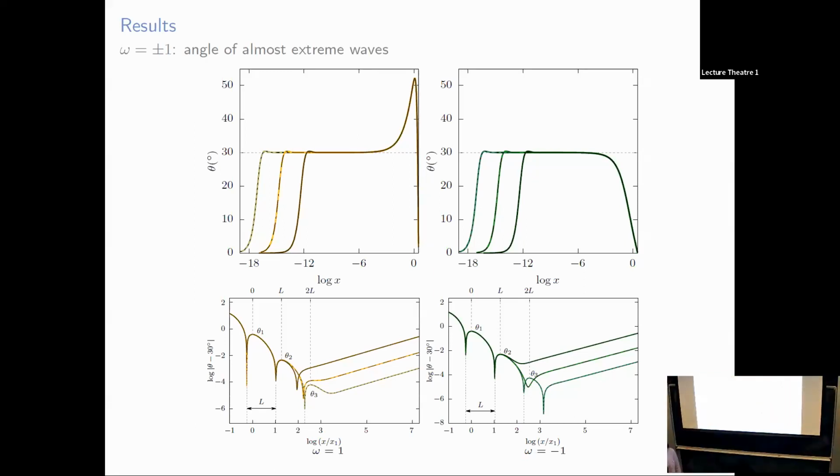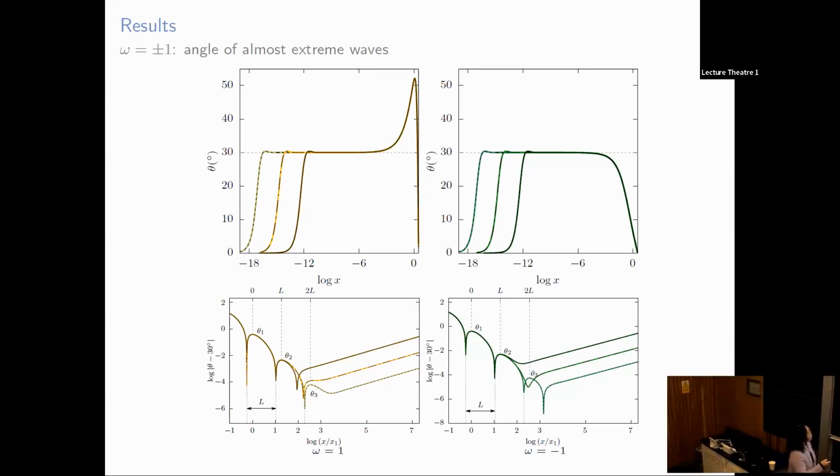For positive vorticity, in the outer region, the angle shoots out far above 30 degrees before it settles down to 0 at the trough. And with our limited numerical experiments, we never found this angle to exceed 90 degrees. That means these profiles are not overhanging, but our numerical evidence is not very strong, so I'm not going to bet my money on that.